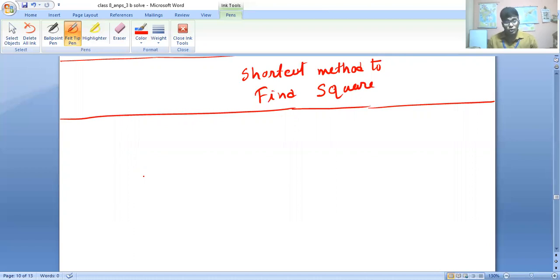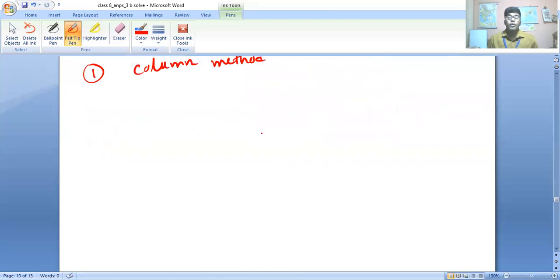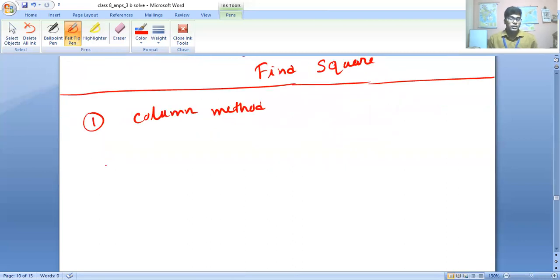So the next method is called the column method of two-digit numbers, in which we will make use of that formula only. So the first method is the column method. Remember, we will make use of only two digits. How to do it? Let us understand by an example.